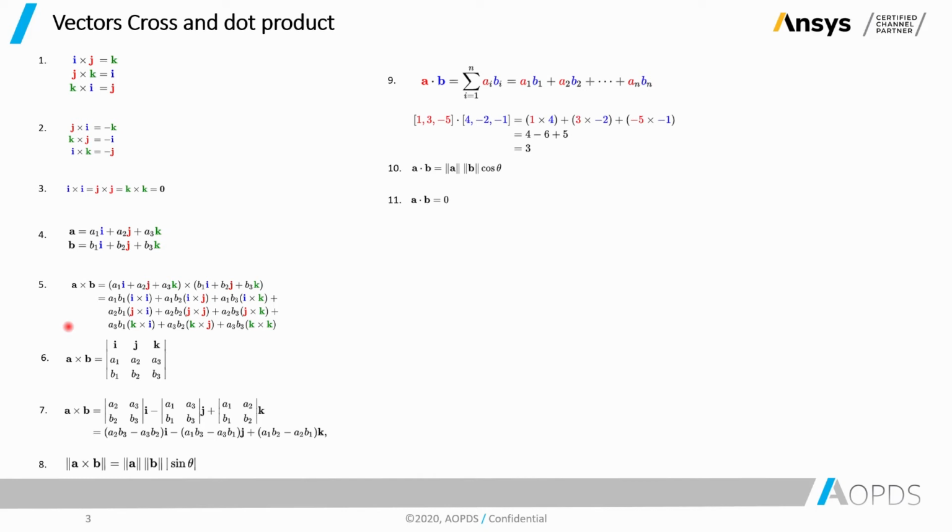Now, if we have two vectors, A and B, and we are interested in calculating the angle between them, then that angle can be calculated from this equation, in which the cosine of that angle is equal to A dot B over the magnitude of A multiplied by the magnitude of B.